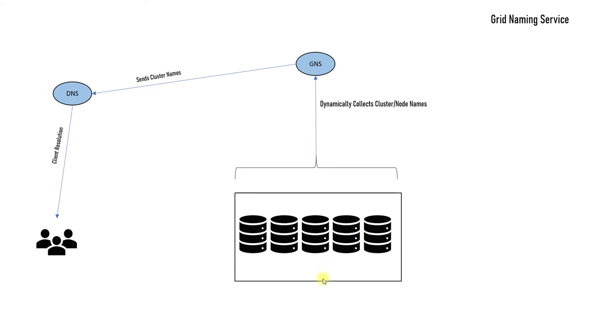And what will happen if suddenly 3 or 4 nodes are down? They do not know what to configure. For that reason GNS has been brought in. GNS is completely dynamic. It collects the information as shown by the arrow, sends it to the DNS, and gives it back to the clients.